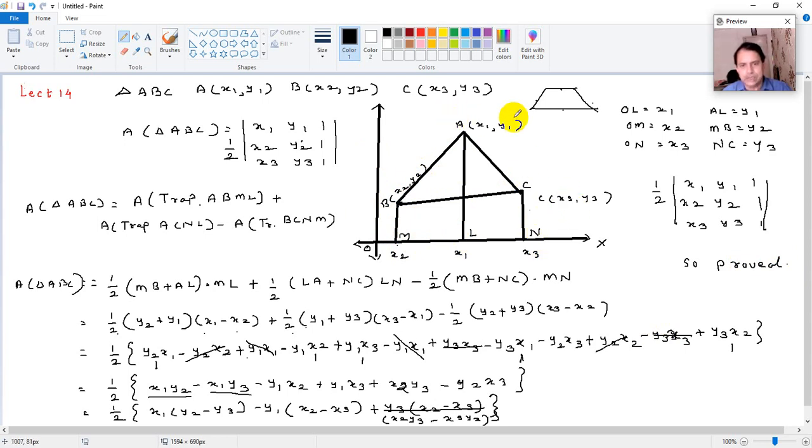Why? Because these points have that x coordinate. Calculations are involved in this, but actually the material is very simple. These are the adjustments that we have to make.